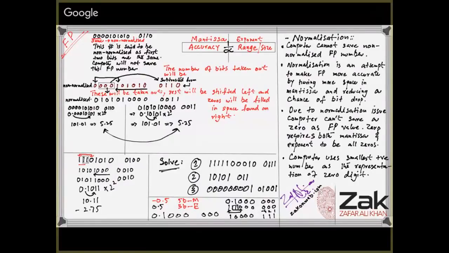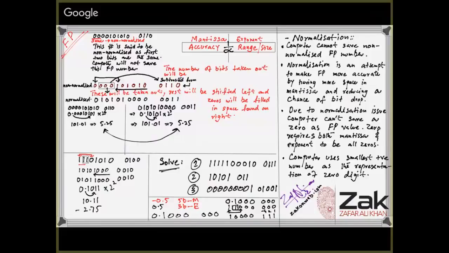There are a few remedies, out of which one is part of your syllabus, and that is called normalization. So normalization is a way to find more space in the mantissa, so that if you are losing any fraction on the smaller side, you can actually accommodate it.